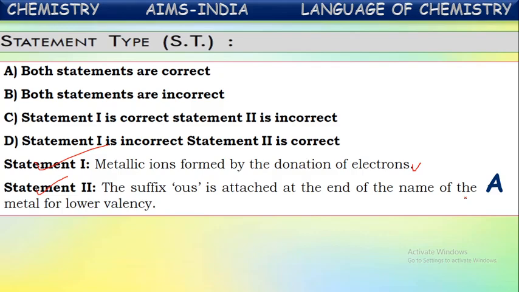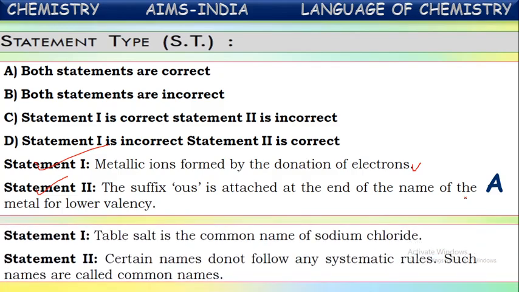A. Next one. Table salt is the common name of sodium chloride. Yes, table salt, common salt, rock salt. These are the common names or trivial names of sodium chloride. This is a correct statement.